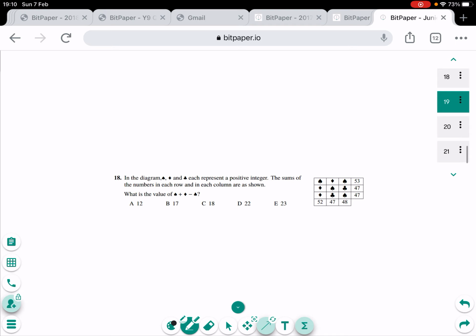For question 18, there's this funny shape diagram. So what's plus that minus that?